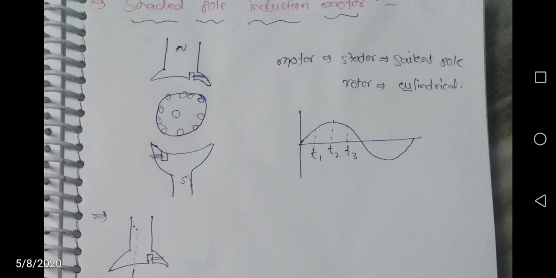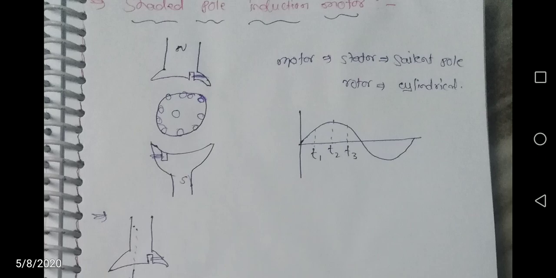The stator is salient pole type and the rotor is cylindrical. Salient pole type means projected pole type. In a salient pole, we can see the poles, but in a cylindrical one, we can't see the poles.